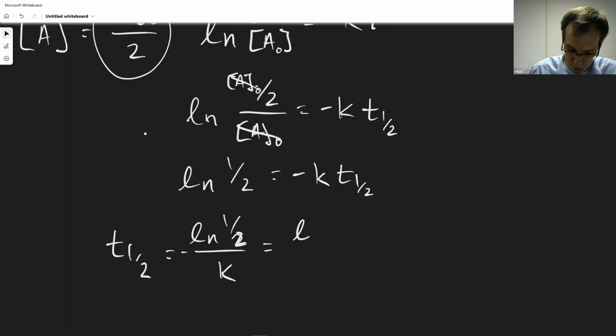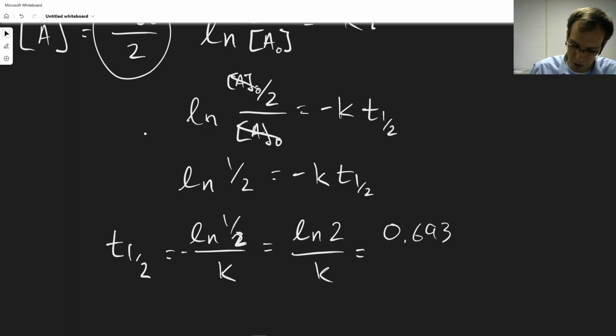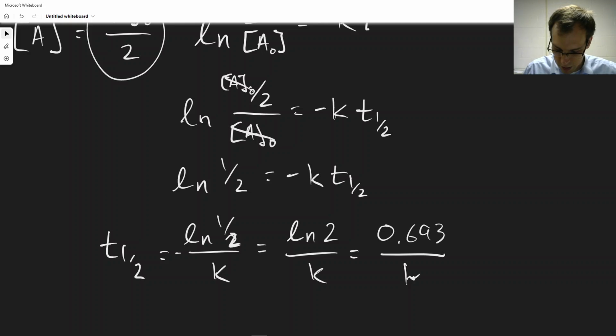So we can write this now as positive ln 2 over k, or we can plug in the specific value, which is 0.693. Of course, there's more digits if you need more accuracy. So t 1/2 equals 0.693 over k.